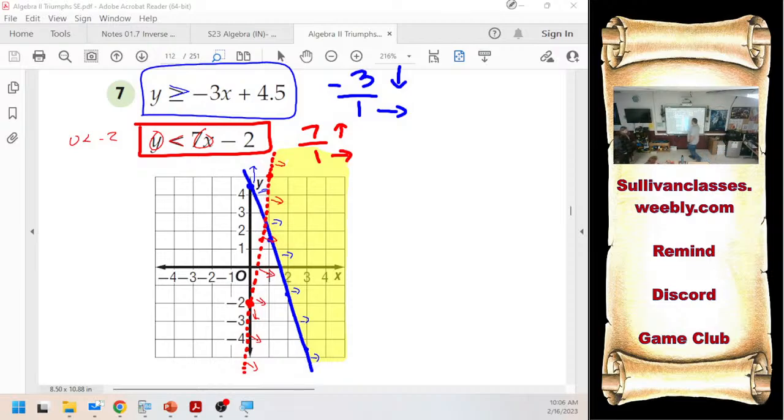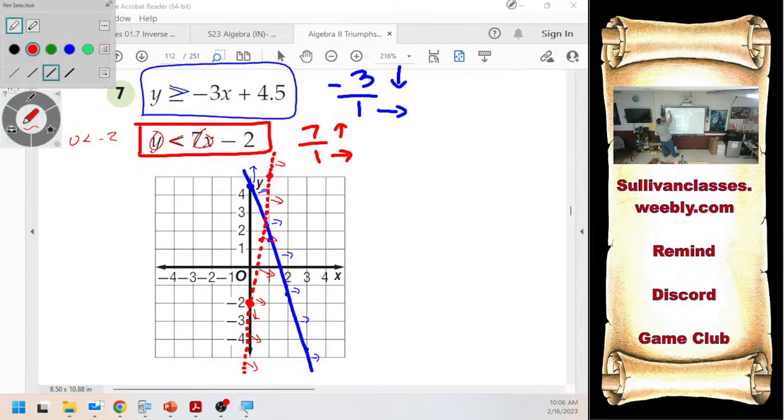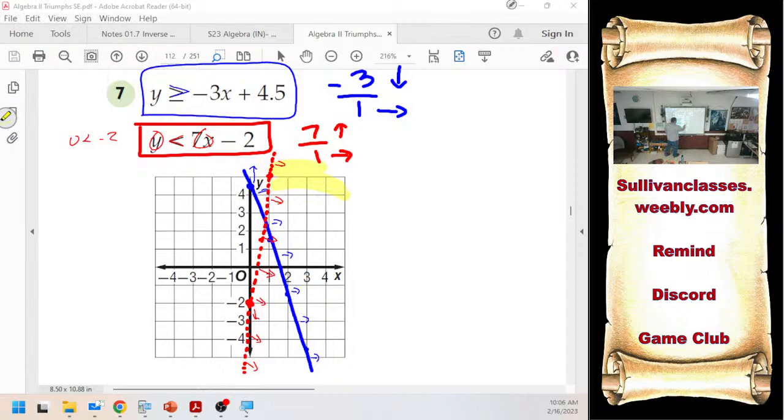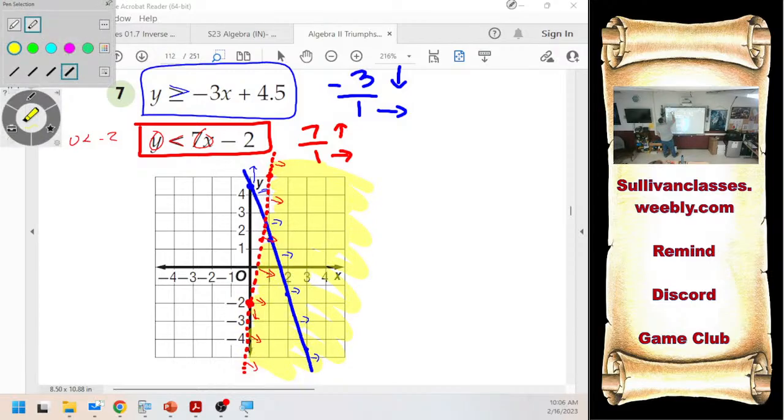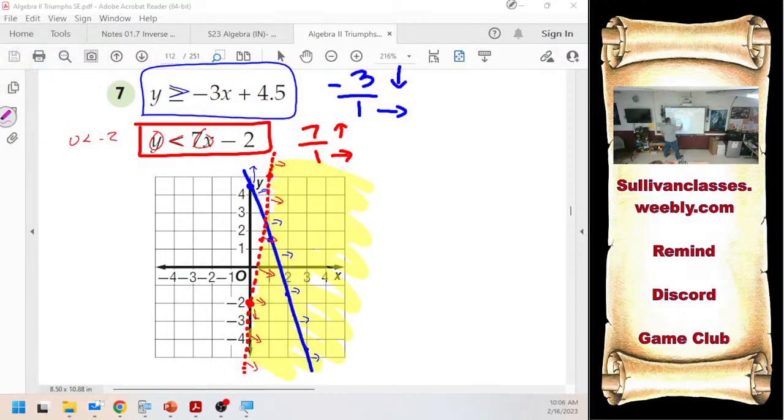Okay. For those who were gone, the short version, yes, you should go back and do the video, is, man, does it suck to say, I'm going to shade everything on this side of the blue line, and then I'm going to shade everything on this side of the yellow line, and now you got this big honking mess of where is my final answer.